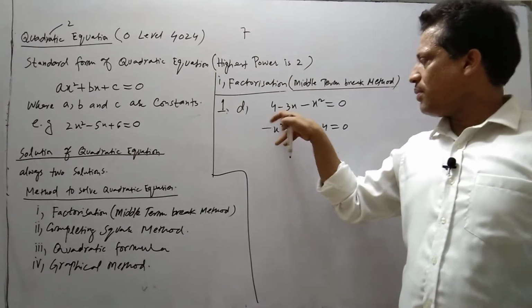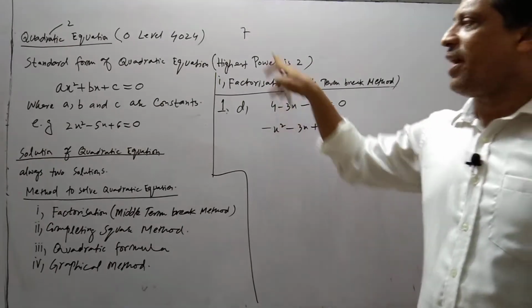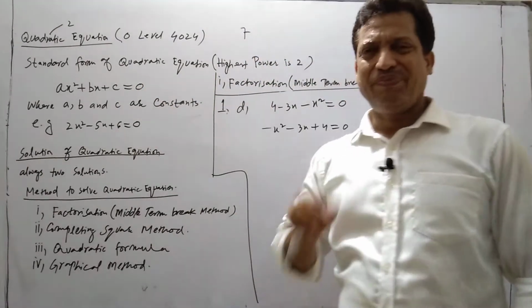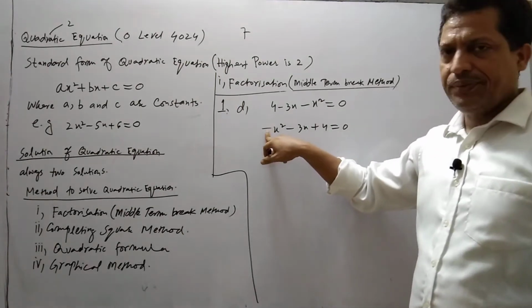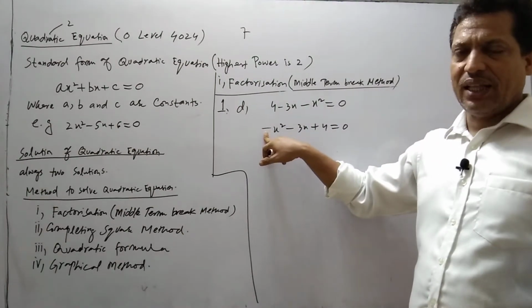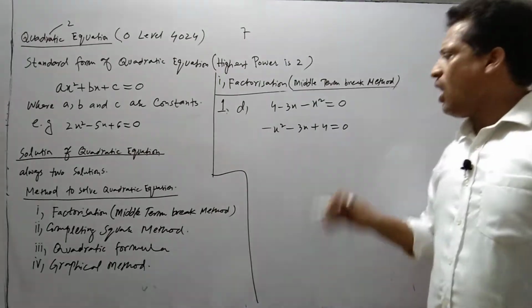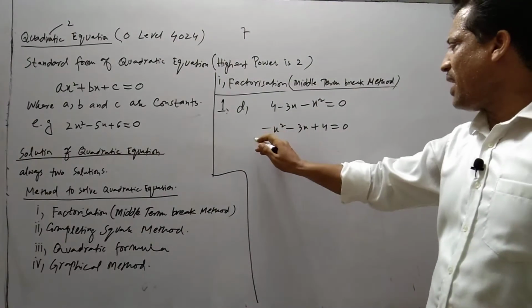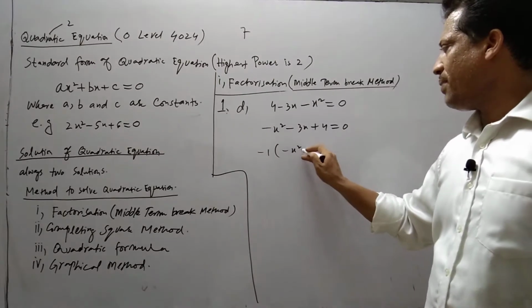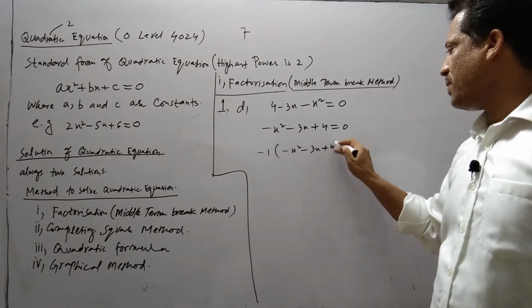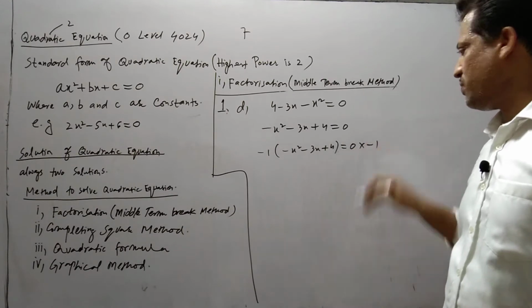Student, this equation is right now in standard form, but for your comfort, if you eliminate this minus sign, the work is very easy. How do you eliminate it? Just multiply the whole equation by minus 1. Minus x square minus 3x plus 4 is equal to 0, into minus 1.